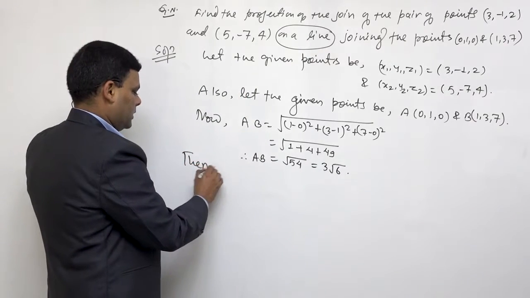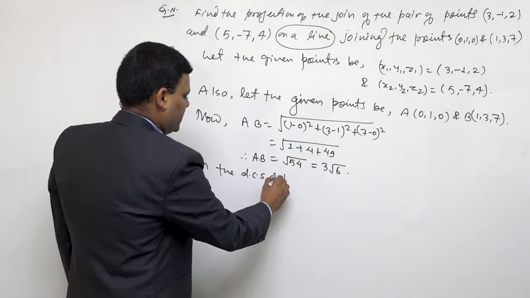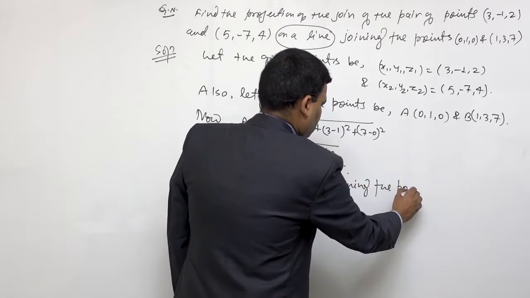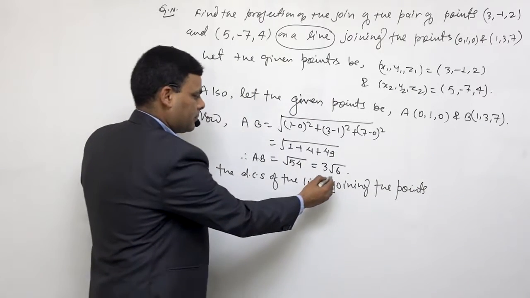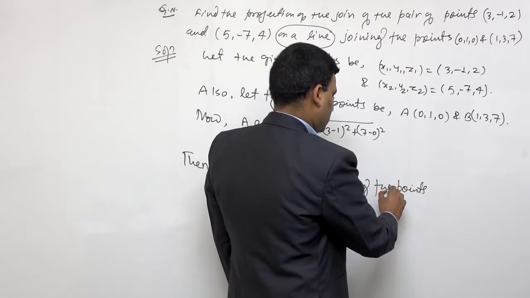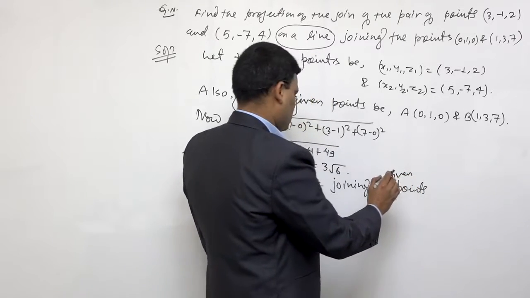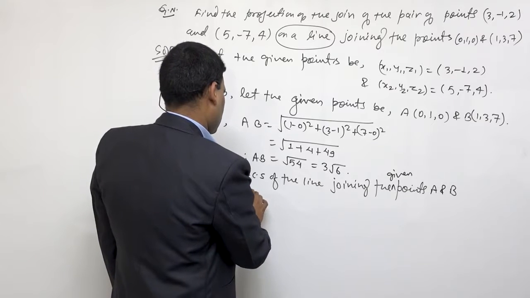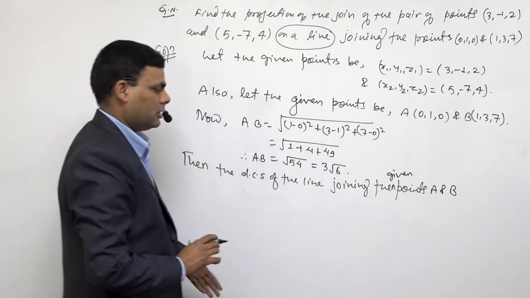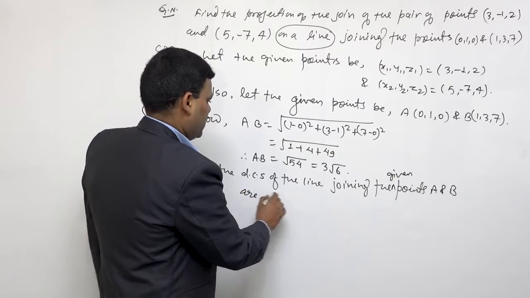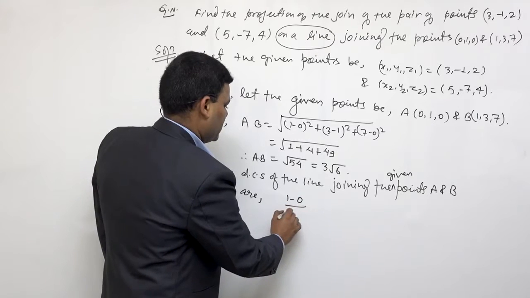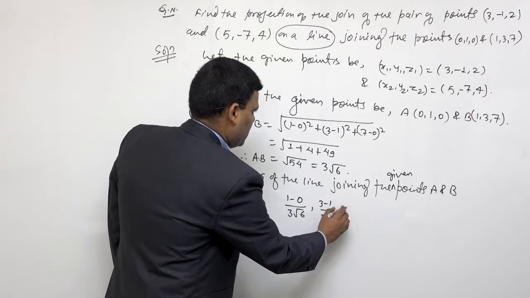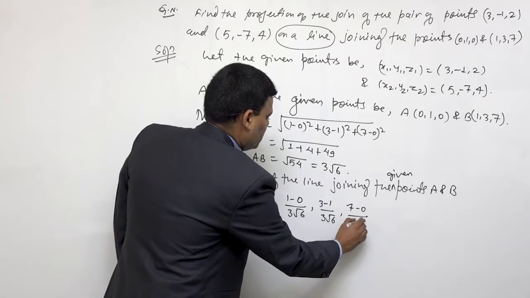Then the direction cosines of the line joining the given points A and B are (x2 minus x1) by AB, which is 1 minus 0 by 3 root 6, 3 minus 1 by 3 root 6, 7 minus 0 by 3 root 6.